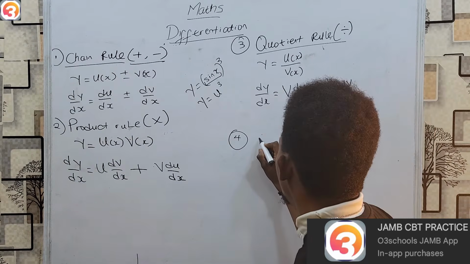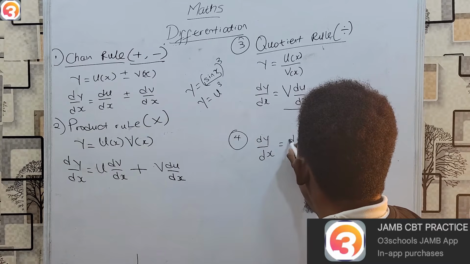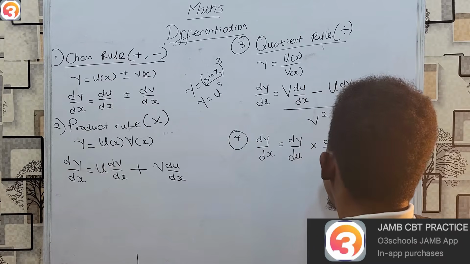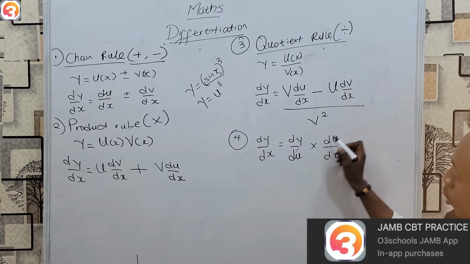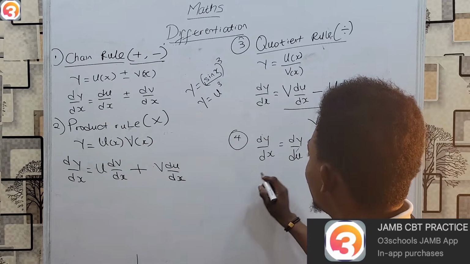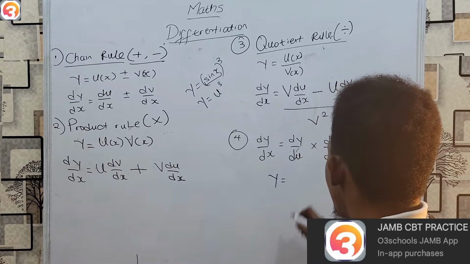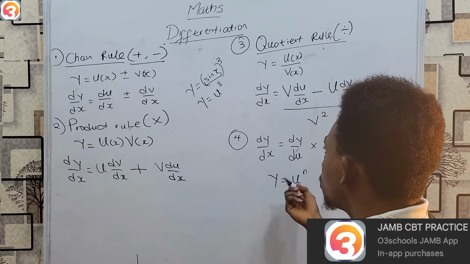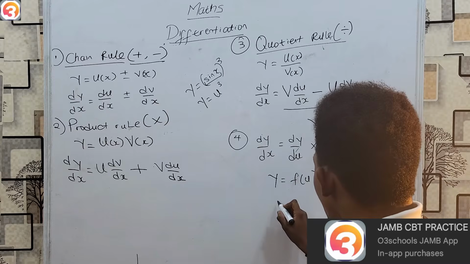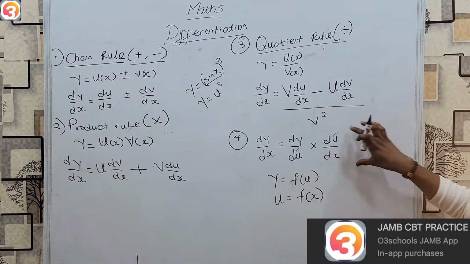Quite simply, dy dx becomes dy du times du dx, because as you are aware, du will cancel out du, leaving me with dy dx. So if ever you have an expression like this, you can actually substitute. Let's say y equals u to the power n, or we may say when y is a function of u and u is a function of x, that's when we apply this.